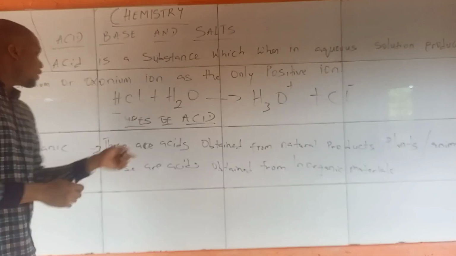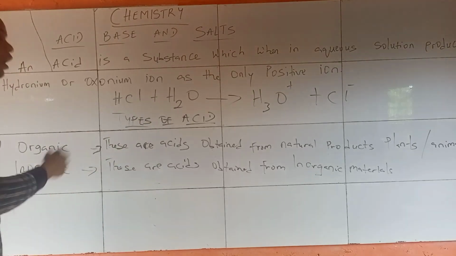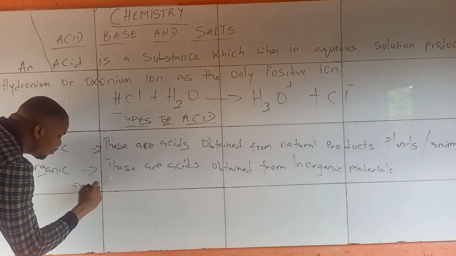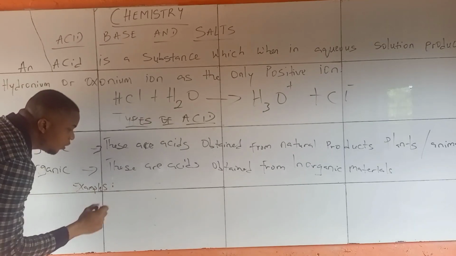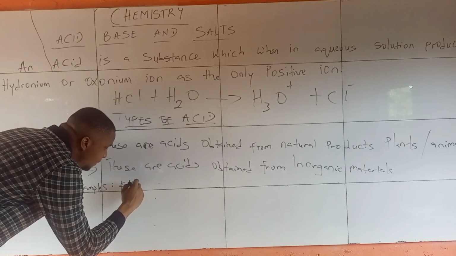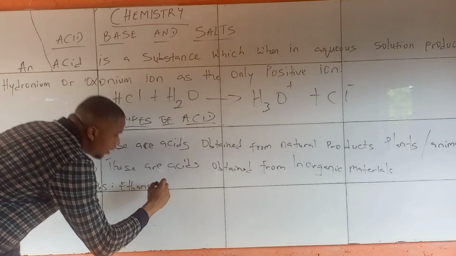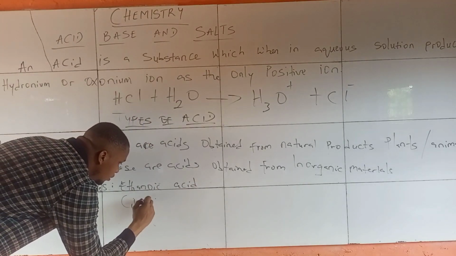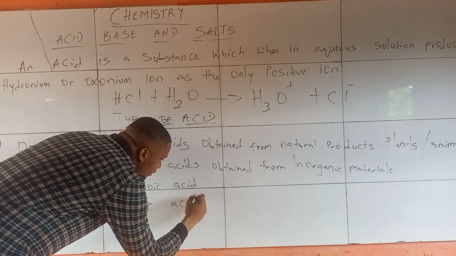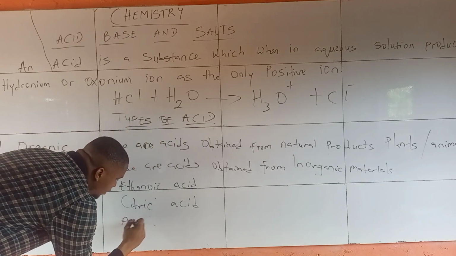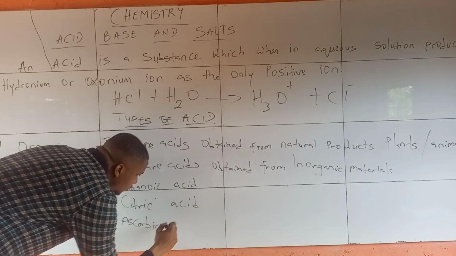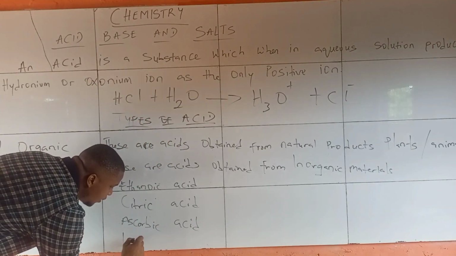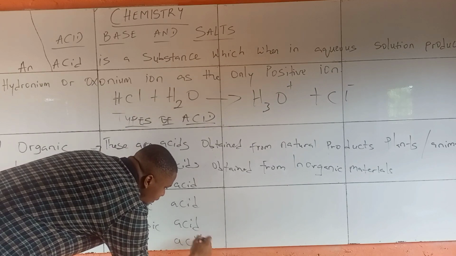Furthermore, examples of your organic acids include ethanoic acid, your citric acid, your ascorbic acid, your lactic acid.